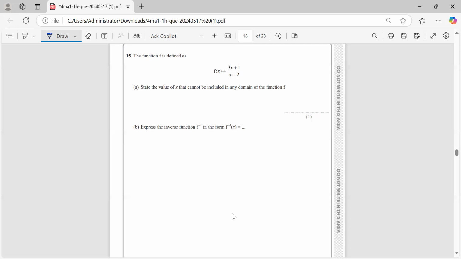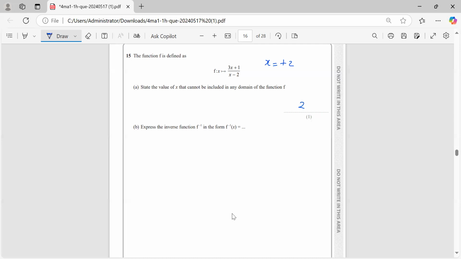So if you substitute positive 2 for x, you see that it becomes 2 minus 2, and then you get 0. And if you have 0 on your denominator, you cannot divide any number by 0. It becomes undefined. So the value of x is definitely going to be 2, right? So that value that cannot be included in any domain of the function f is positive 2.